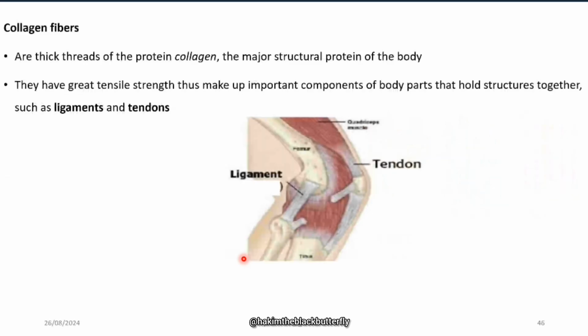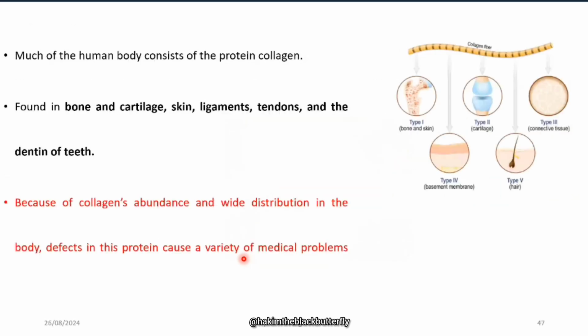Collagen fibers are going to be found in many parts of the body, in the bones, in the cartilage. Some parts of the hair contain collagen fibers. The basement membranes of the epithelium contain collagen fibers. So they're going to be widely positioned in different parts of the body.